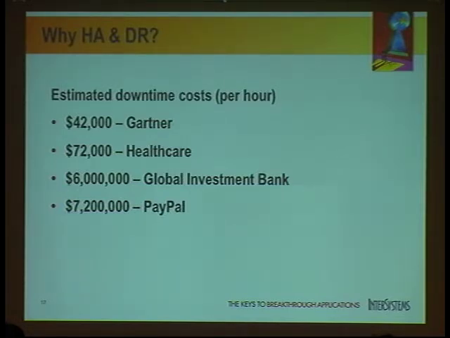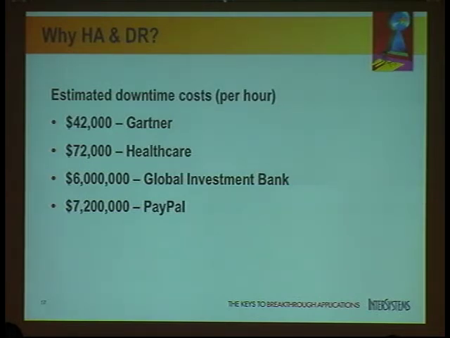Okay? If you go up the scale all the way to PayPal, PayPal estimates that they lose around $7.2 million in transactions for every hour that their systems are down. Okay? So I don't know where you fall, but it's got to be somewhere in there. And even $40,000 an hour is a lot of money, right?